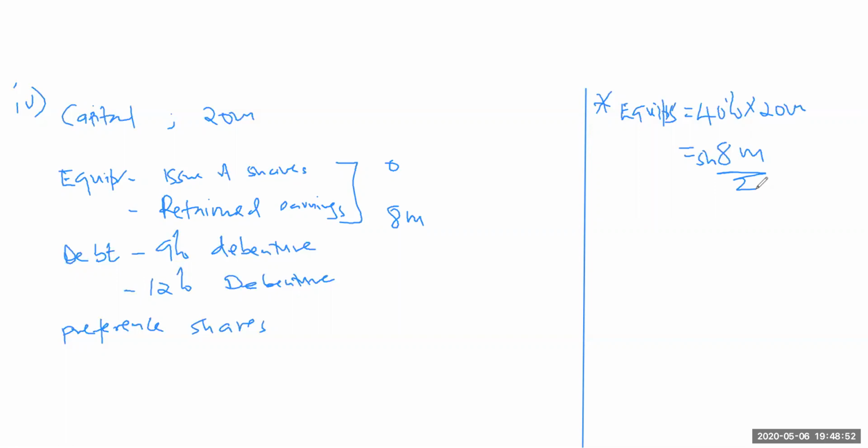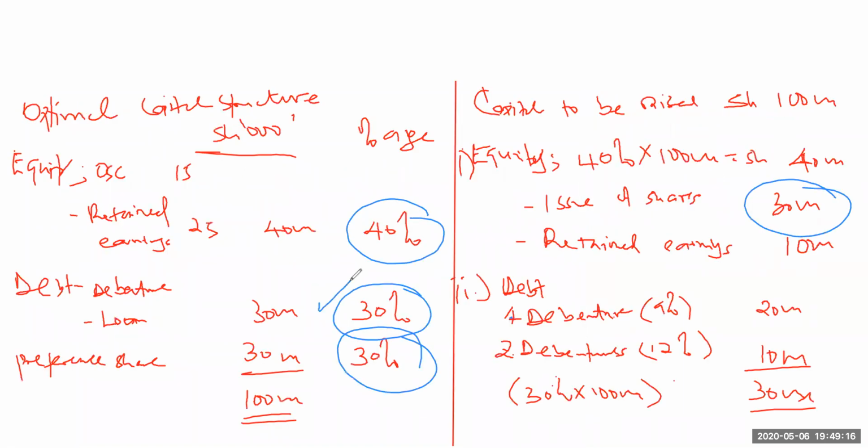Clear there? Then in the first bullet point, you told the company the maximum amount of debt available for the 9% is 20 million. But how much money do we need from debt? That's the next working. Don't forget debt was 30%.